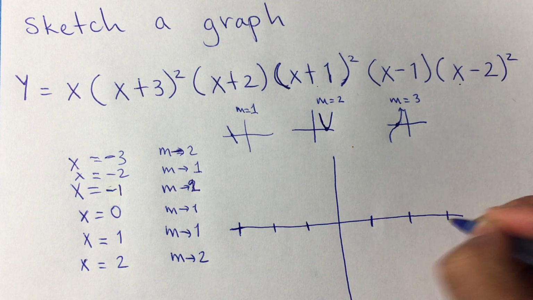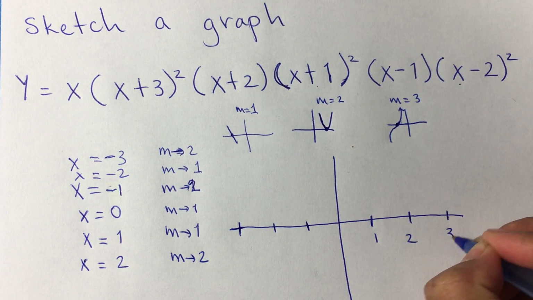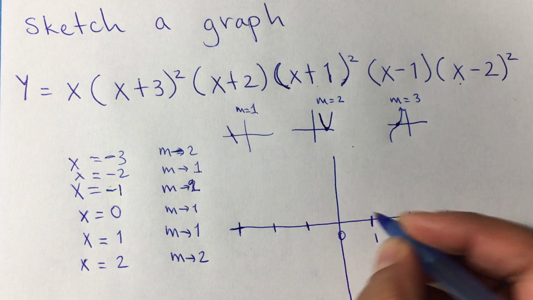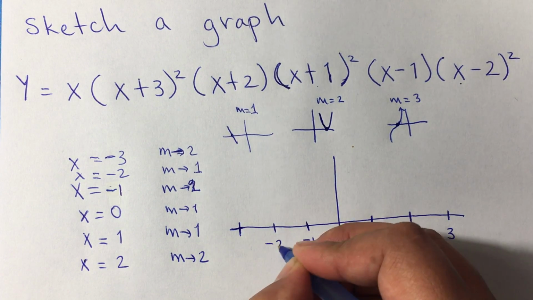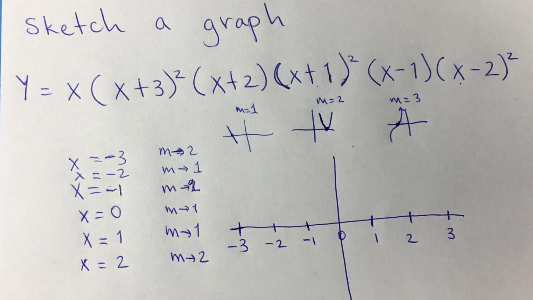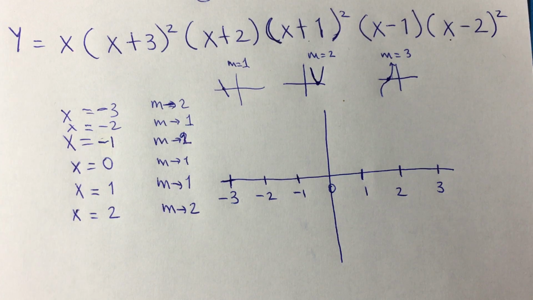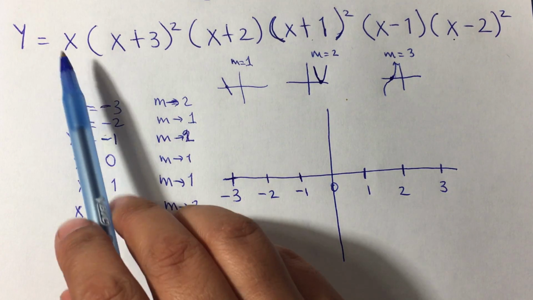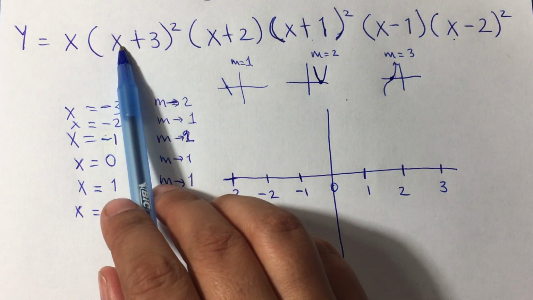So 1, 2, 3. And we only need up to 2, but that's okay. And -1, -2, -3. And what else do we need? We need the end behaviors before we can even graph the rest of our graph. So we have x times x.